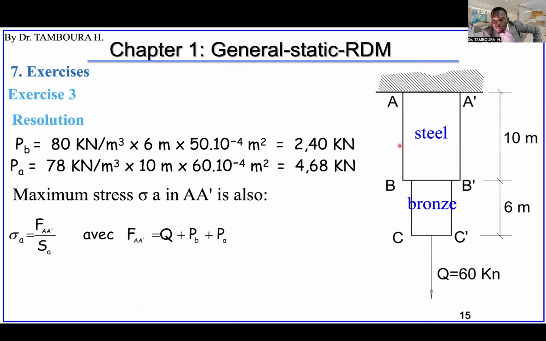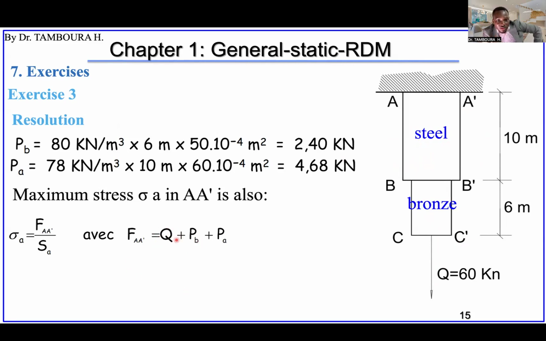We can also try, for example, to find the stress at the middle here or here. At any position, you can use just the weight of the material under that position and this force combined to be the force causing the stress, by dividing by the section.